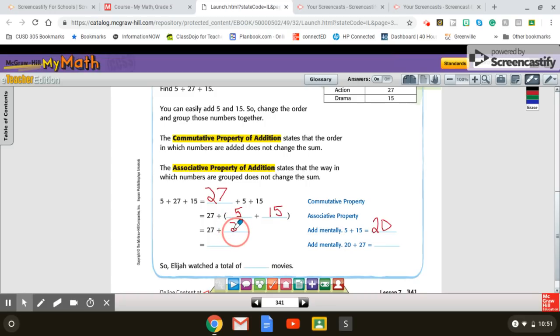And then after that, you're going to add the remaining numbers, which is 20 plus 27. 20 plus 27, hopefully you can figure out, is 47. So Elijah watched a total of 47 movies last month. Elijah needs to get out a little more, if he's watching that many movies. Okay, so that's the first two properties of addition.